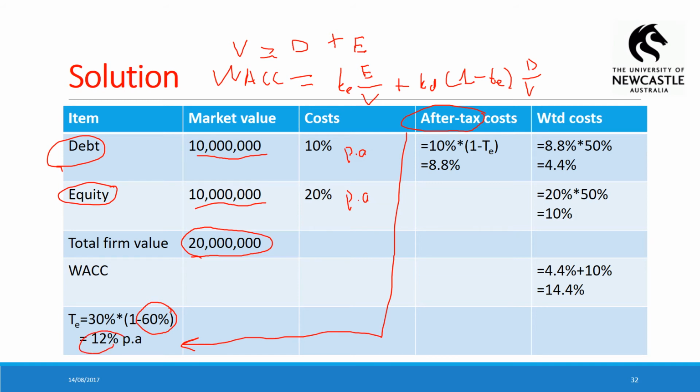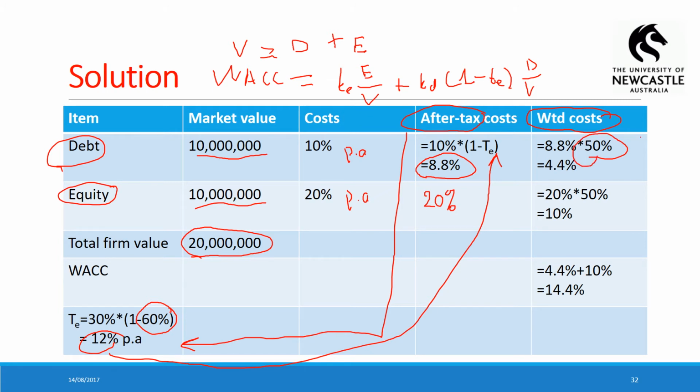We then use this rate to work out the after-tax cost of debt. And this is our result, right? The after-tax cost of equity is exactly the same as the before-tax cost of equity, right? We then work out the weighted costs of debt and equity by multiplying the cost of debt or the cost of equity by the weights, right?